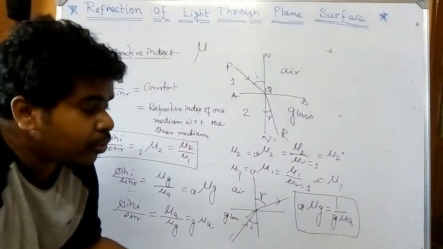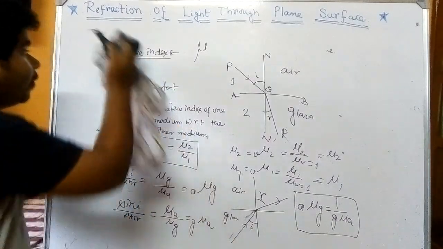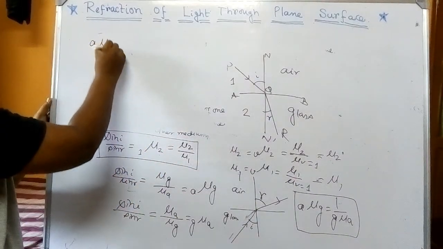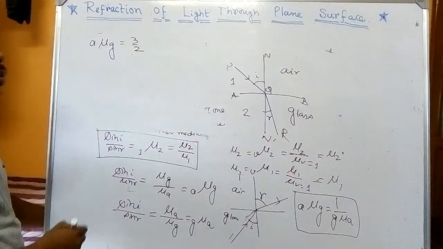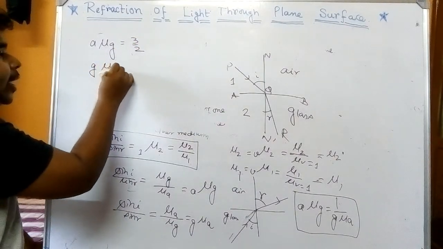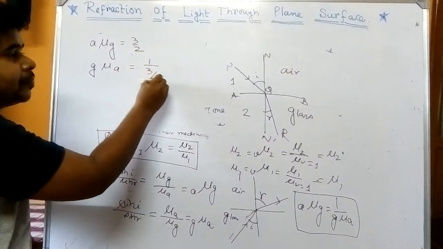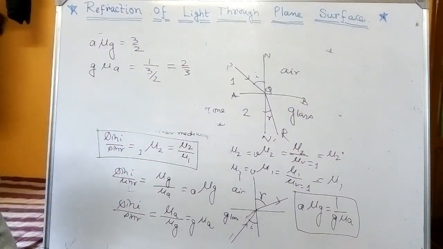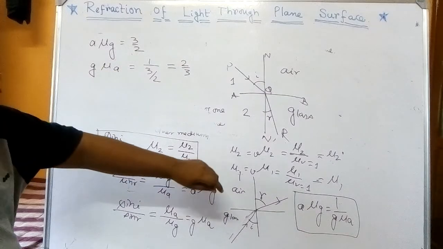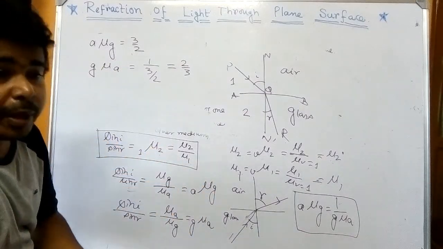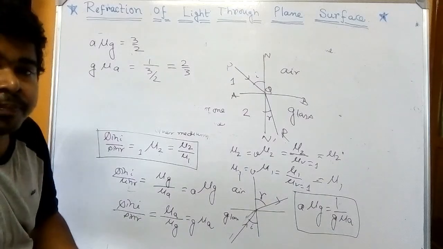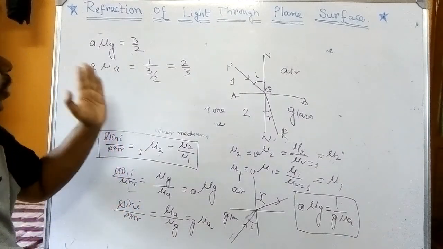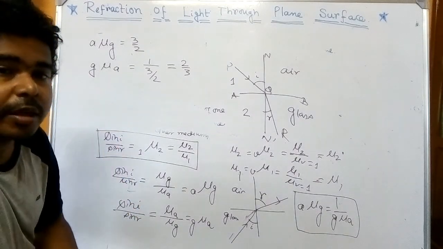So if aμg equals 3 by 2, then gμa should be 1 by 3 by 2, which is 2 by 3, exactly the reciprocal. So the refractive index depends on the medium, that is, from which medium to which medium the light comes. Depending on that we can find the refractive index.